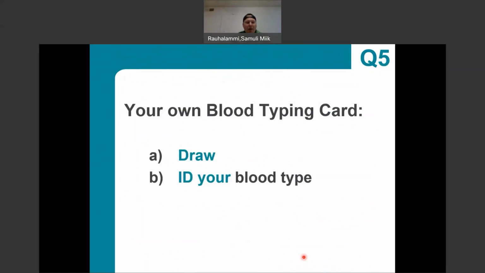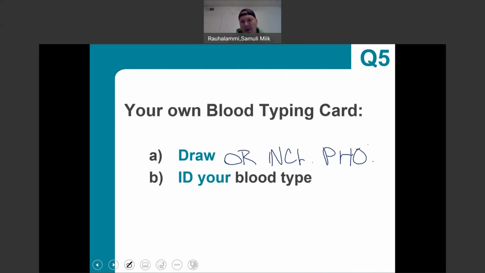But what was important for question 5 was to have your own blood typing card. And remember that I was very happy to receive, alternatively, if you didn't want to draw, you could take a photograph of your blood typing card and attach that with your lab submission.